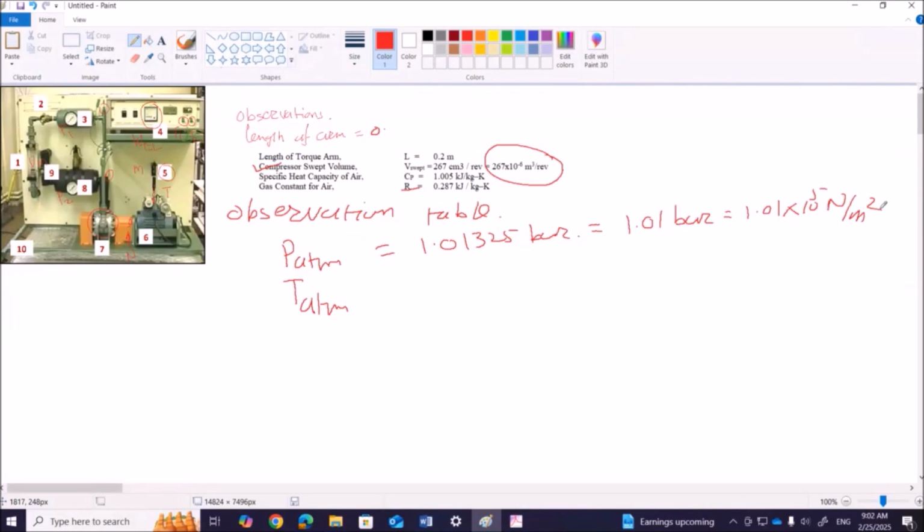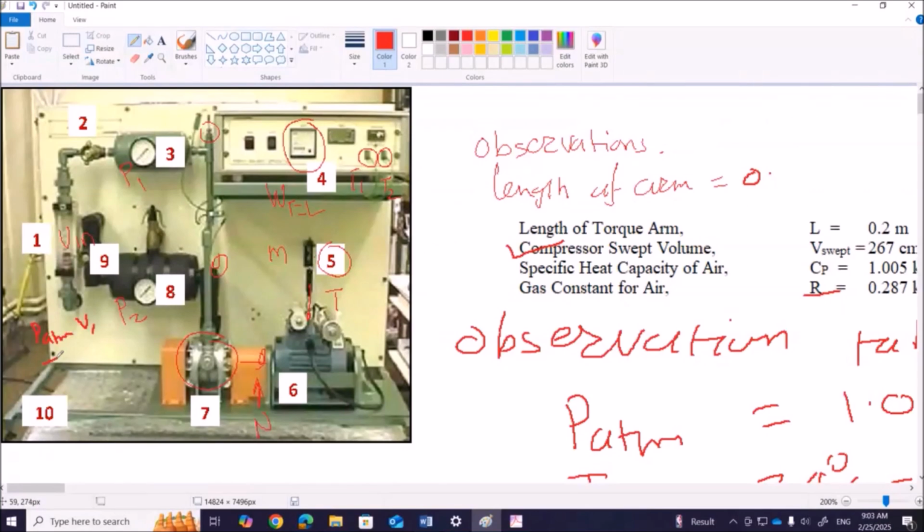Remember, here we need a primary SI unit, not a derived or secondary unit. What is the atmospheric temperature? Generally, nowadays, it is 24 degrees centigrade. It should be in Kelvin, 24 degrees centigrade plus 273, so it is 297 Kelvin.